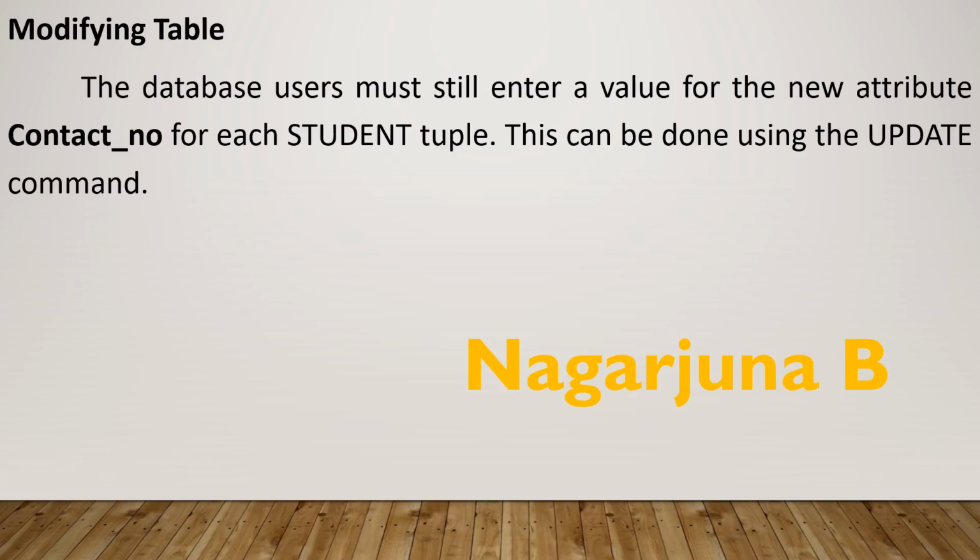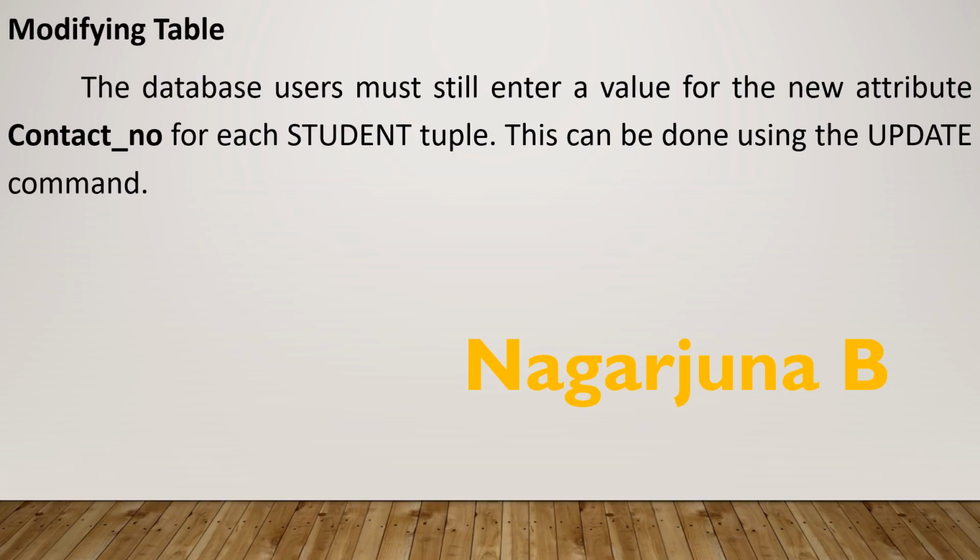Then how to add the value to the contact number attribute? Those values can be added by using a command called update, and that I will explain in the next videos of the DML statements, data manipulation language commands. In that we will be learning about insert, update and delete commands, which come under DML statements.